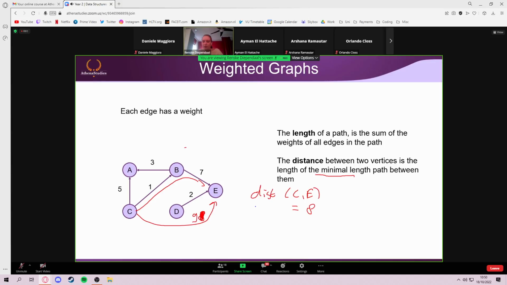Let's see, how do you go from C to D? Well, in this graph you can't, right? Because there's no directed path to there. So there would not be any distance between them. But usually when we look at distances, we use connected graphs.